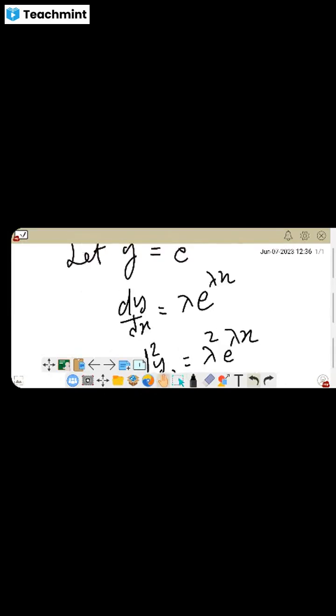Let us learn how to find a solution of the non-homogeneous equation. Let us write here homogeneous.